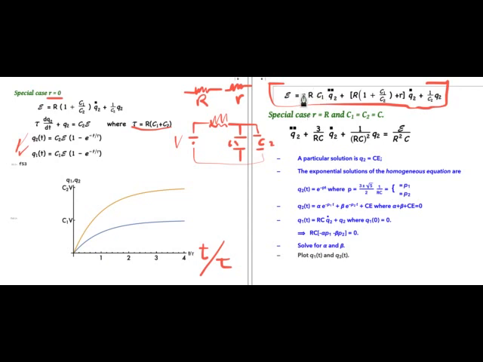Well, now what's the equation? Well, okay, so here's R squared C. Let's divide both sides of the equation by R squared C. So I'll have Q2 double dot.